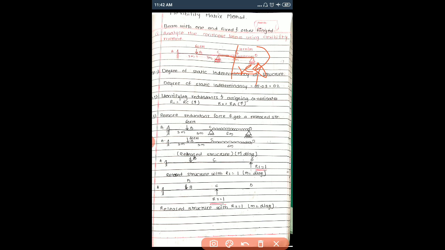Sorry, it will create a clockwise moment like this, and clockwise we are considering as negative. So this is the case for the CD span. We will take the moment, that is 10 into x square by 2. So this is the moment for the CD span.